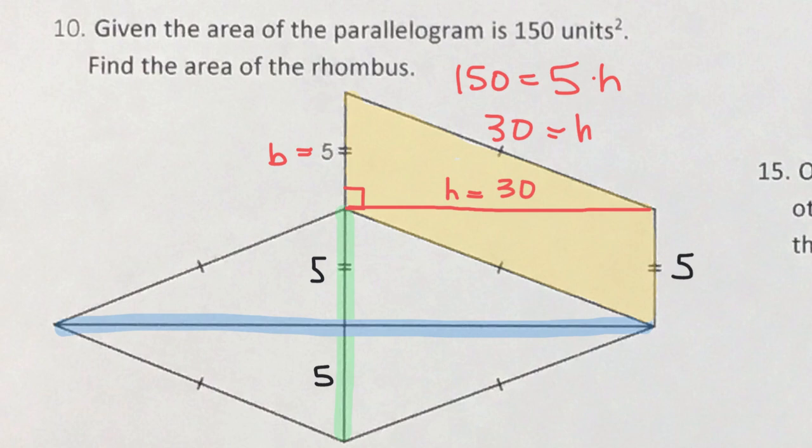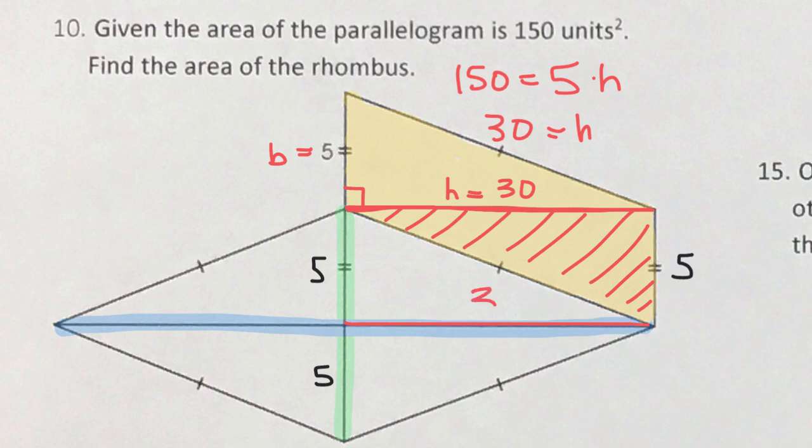Okay, so now we can do a little something. We have a right triangle here if you want to, and we can calculate your hypotenuse of your right triangle. But that's really the long way. Instead, the height here of your parallelogram corresponds to this portion of your diagonal. So if you get the height drawn correctly for your parallelogram, there should be absolutely no extra work to do in order to find the diagonal of your rhombus.